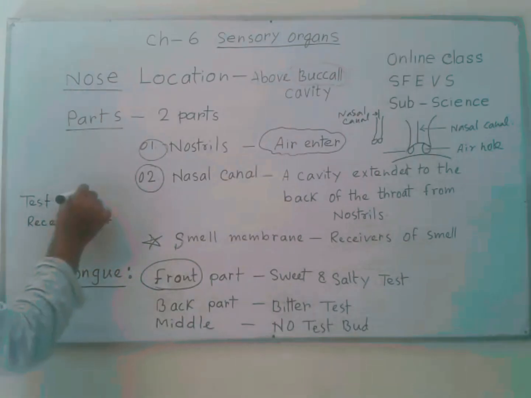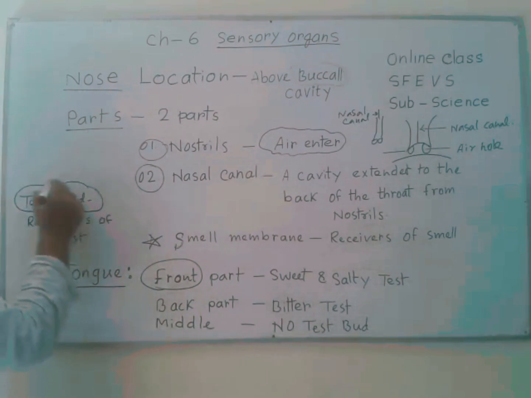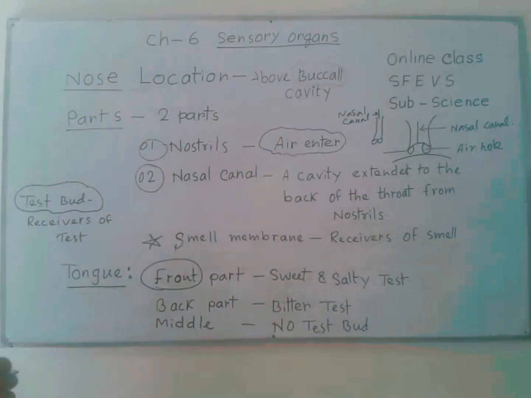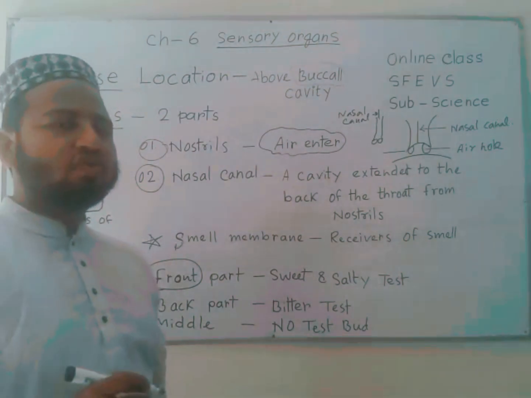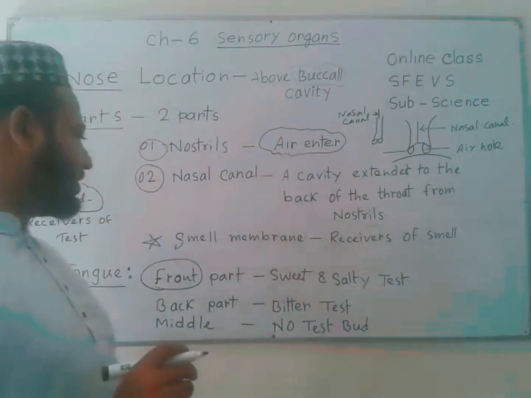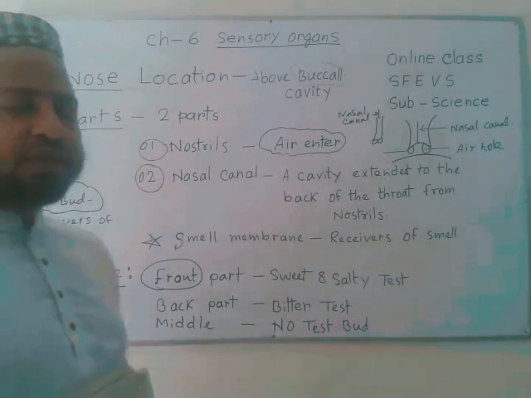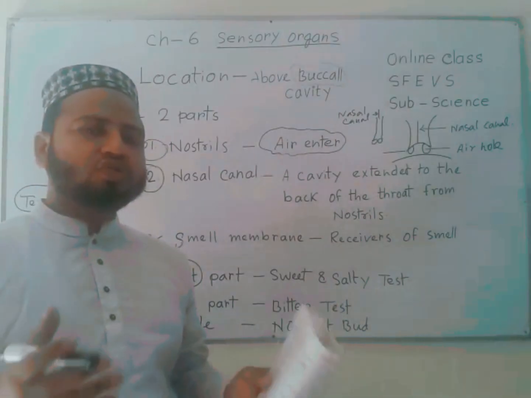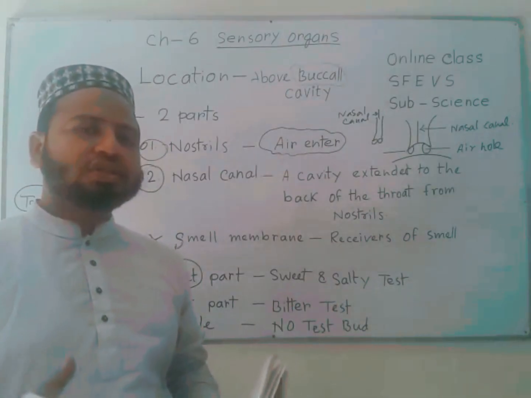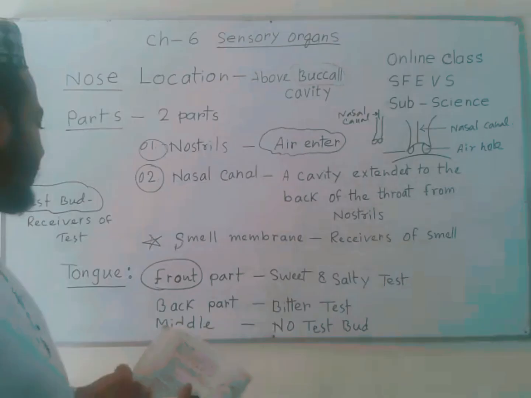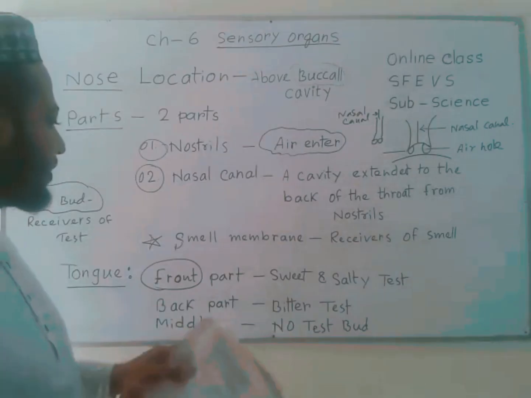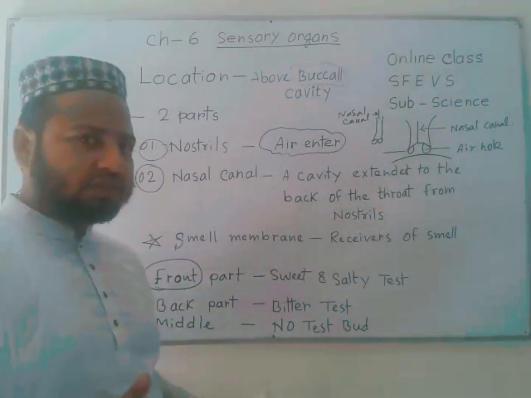These are one kind of sensor which receives taste. The front part senses sweet and salty taste. If we eat something sweet or salty, we feel it with the front part.